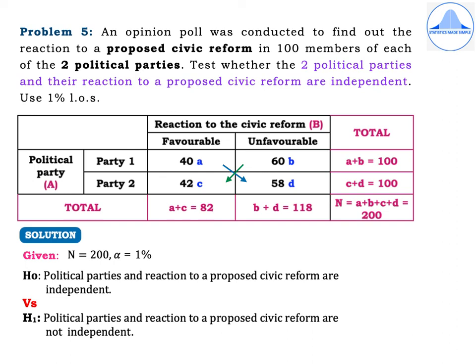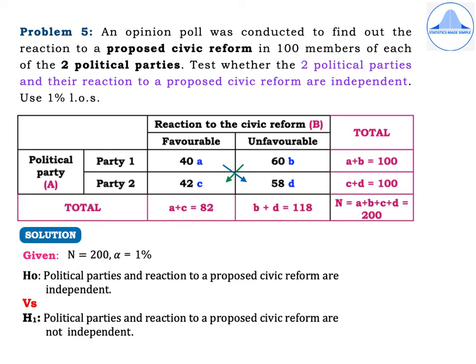Next we need to find out the column total and the row total. So A plus B is 40 plus 60, which is equal to 100. Then C plus D is 42 plus 58, which is also equal to 100. So when you add 100 and 100 in the column total, you get capital N equal to 200.